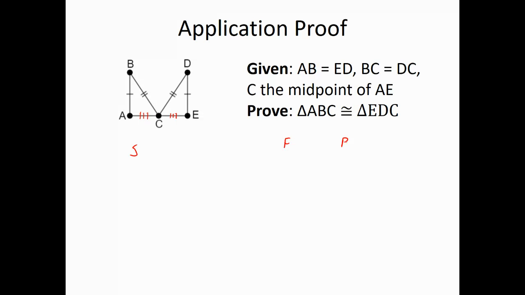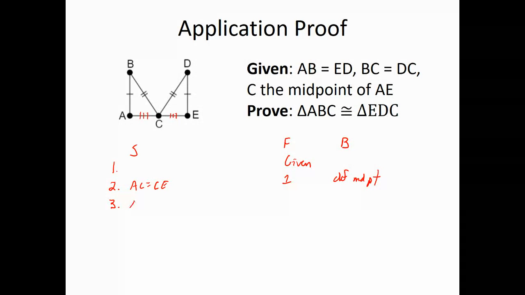So statement, from, by. Line number 1 is the given. And then in line number 2, we say that AC is equal to CE, and that follows from the given, that is line number 1, by the definition of midpoint. And then at this point, we know that all three sides of one are equal to the three sides of the other.